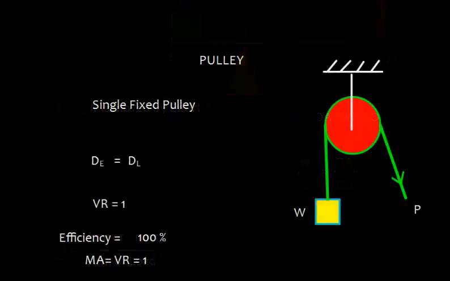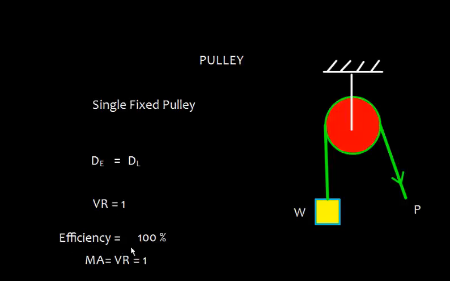Well, let's have another example of pulley, and here is the weight W and we are pulling it with the force. So this is an example of single fixed pulley, and here distance traveled by effort is equal to distance traveled by load, and as per the definition of velocity ratio it is going to be 1.